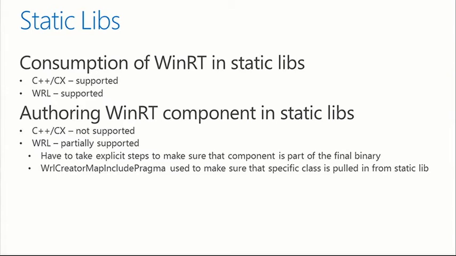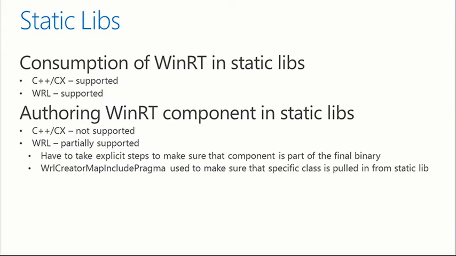There is no problem. Now, let's come very specifically to using WinRT APIs or authoring WinRT components in a static lib. Consumption of WinRT APIs in a static lib: you have some code, and you say, hey, I want to open a file here, and you want to use the WinRT APIs. It is possible to do that. It's completely supported both under C++/CX and WRL.